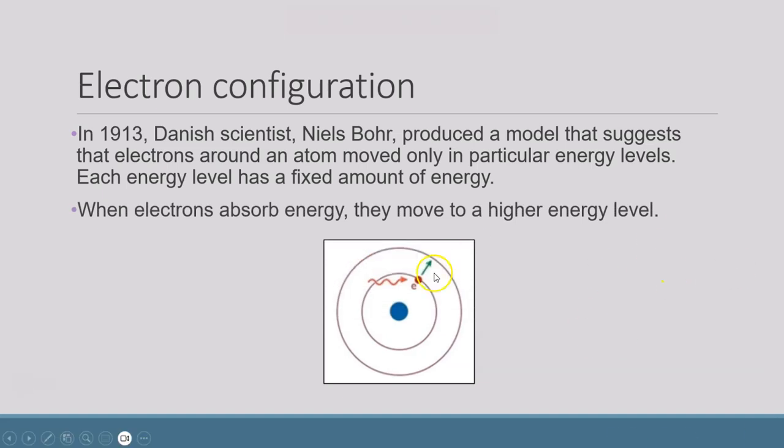So what he means by that is this is the nucleus, and over here there is the first energy level. Now this electron lives in this first energy level, and in order to move up onto the next energy level, that electron needs to absorb a fixed amount of energy to get there.